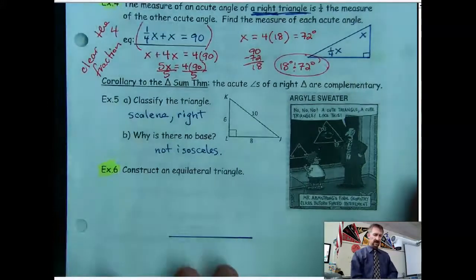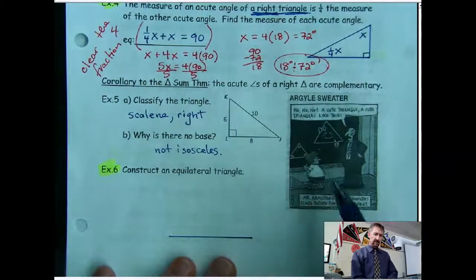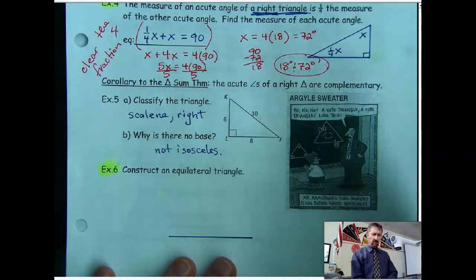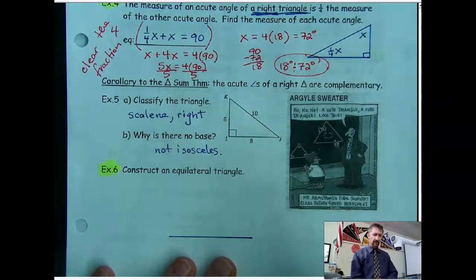And the cartoon says, teacher telling a student, and he says, no, no, no, acute triangle, like this, said Mr. Armstrong's final geometry class before forced retirement. So he had to retire. So he made it a cute triangle and put a little bow on it and stuff. Oh, that's a cute little triangle.